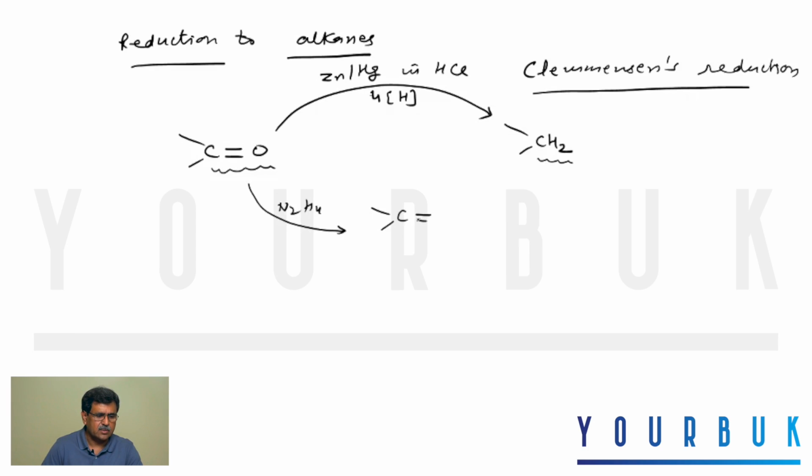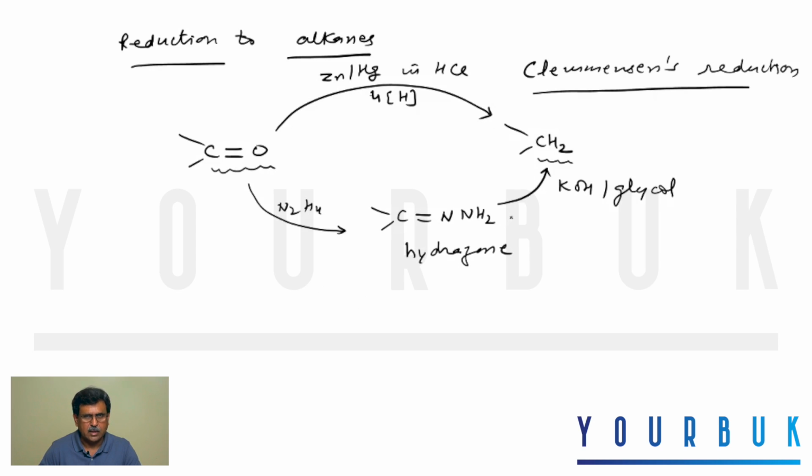It gives a hydrazone, and this hydrazone can be converted into this by using KOH glycol. This is hydrazone. Now this reduction of carbonyl group to alkane via hydrazone is known as a Wolff-Kishner reduction.